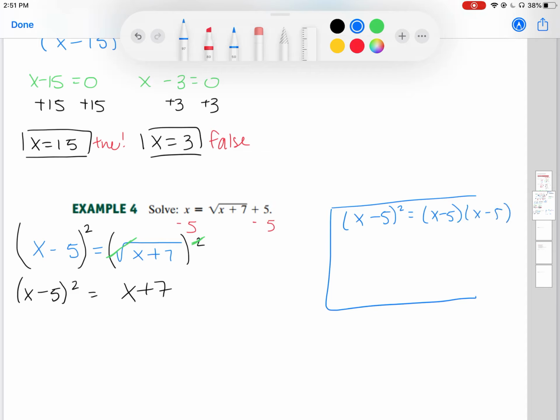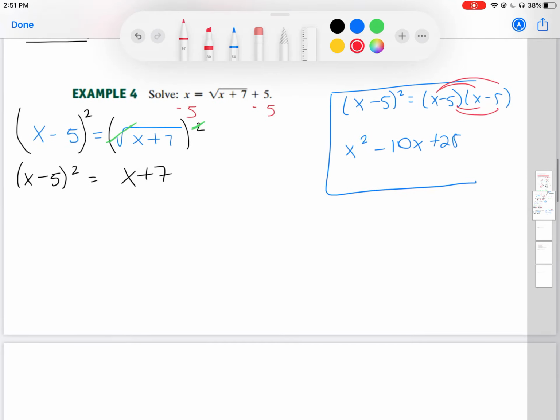Okay, let's go ahead and multiply them. Once we multiply them, we'll get x squared minus 10x plus 25. You can get that by multiplying it out or by using our expansion rules that we learned in chapter 4. So that we have x squared minus 10x plus 25 is equal to x plus 7.